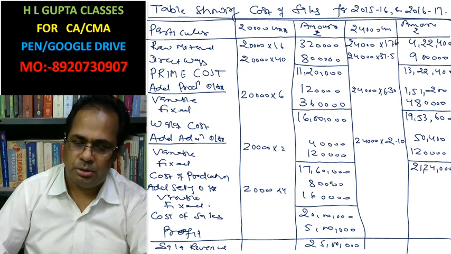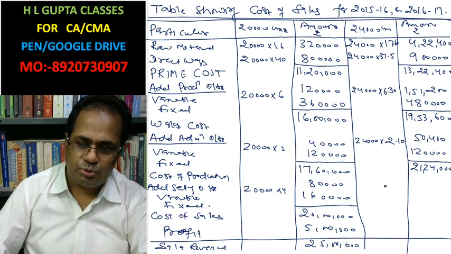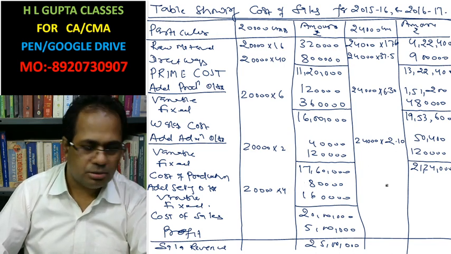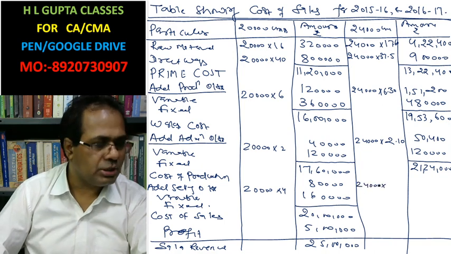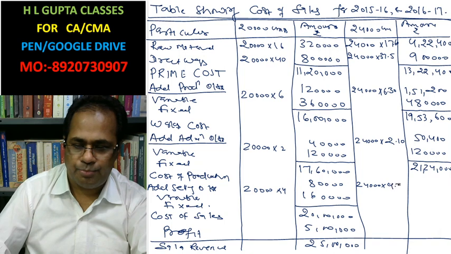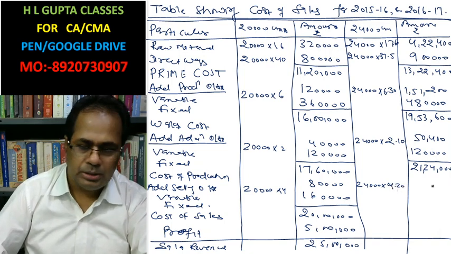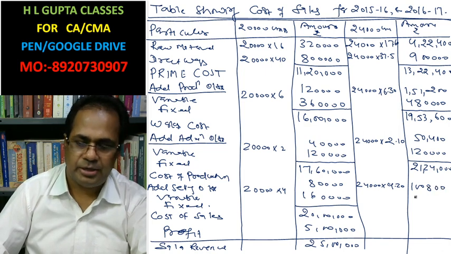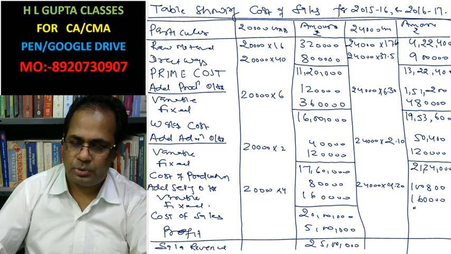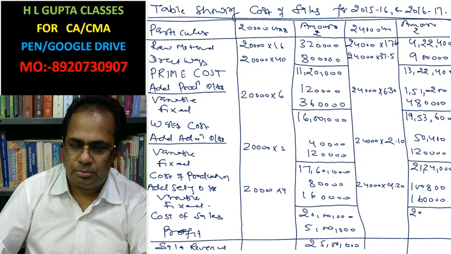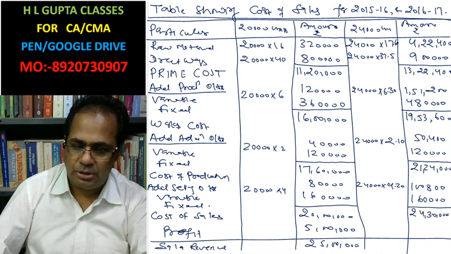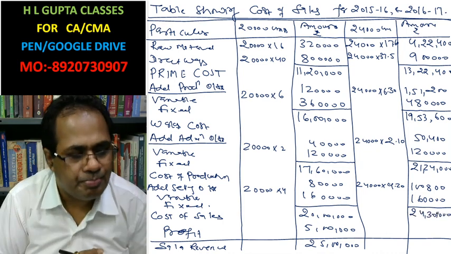Now selling and distribution overhead, in this case variable: 24,000 into 4.20, that is 1 lakh 800. Fixed 1,60,000. Cost of sale you have 24 lakh 30,000. This is your cost of sale.